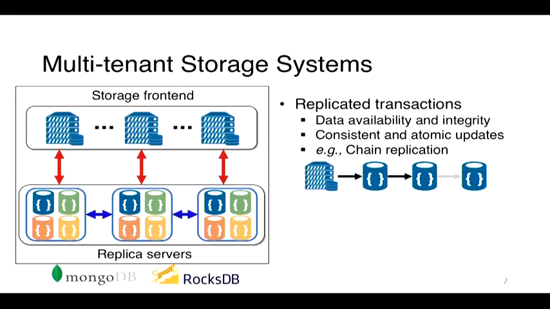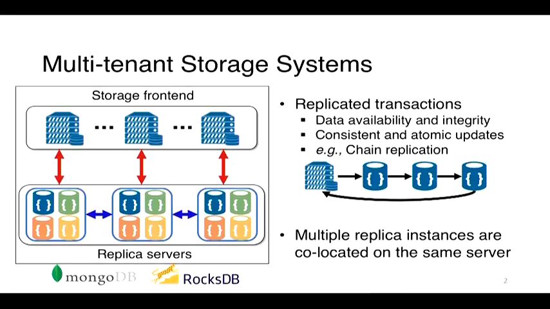For instance, chain replication is a popular replication scheme used by these storage services. Notice that these storage systems are inherently multi-tenant, which means hundreds of replica instances can be co-located on the same server to improve resource utilization.